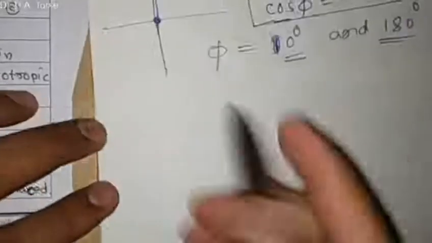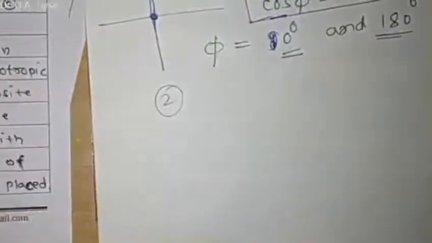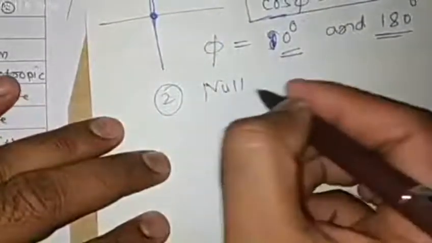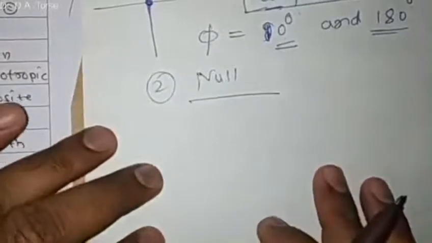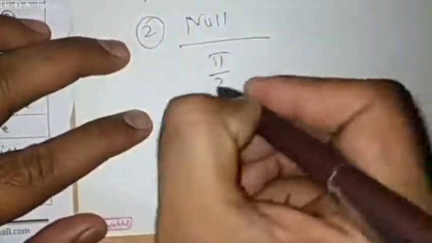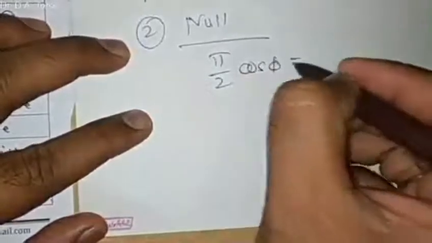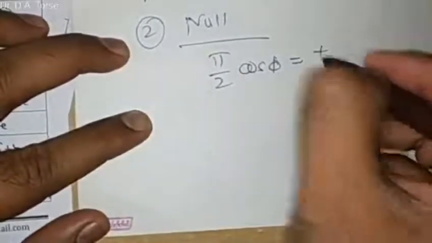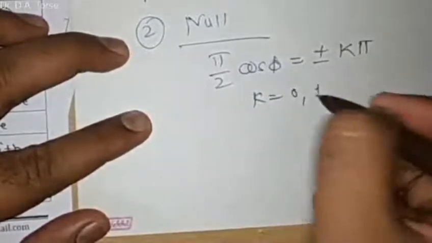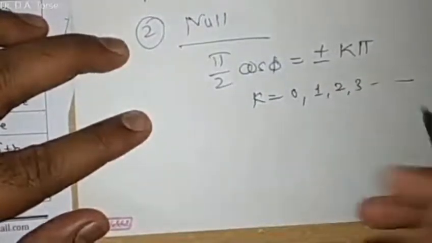Now for the second case, which is representing the null directions, we have the assumption that pi by 2 cos phi needs to be plus or minus k pi, where k is again ranging between 1 to infinity.